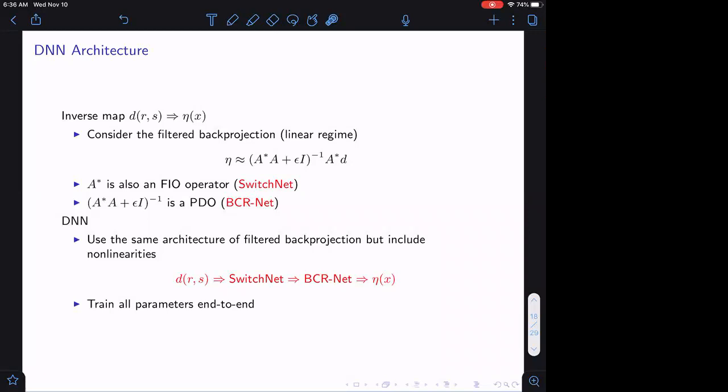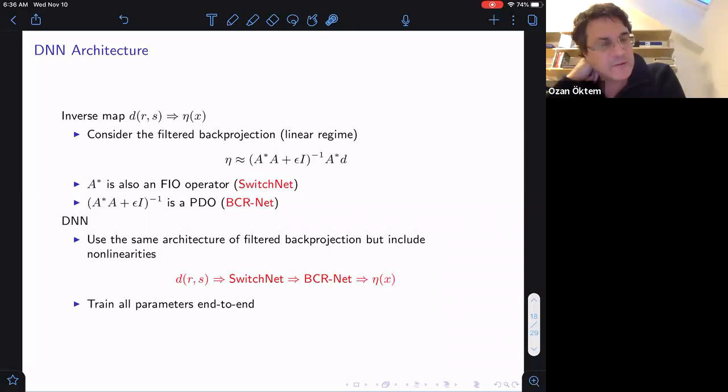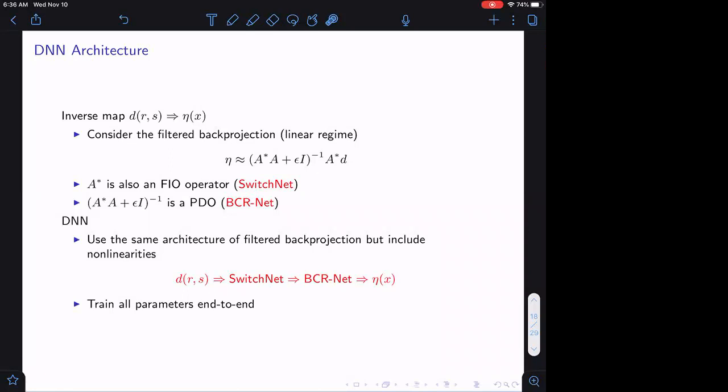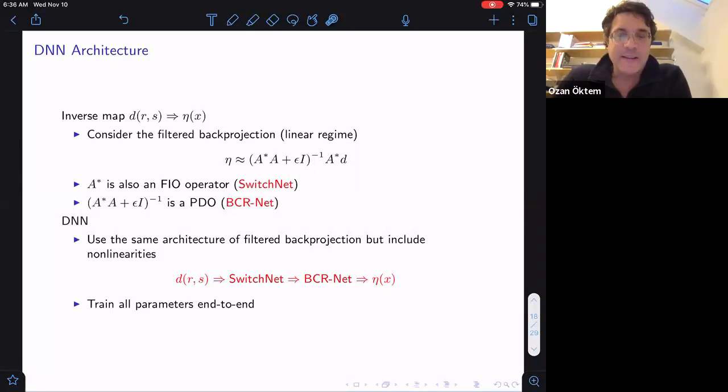No, SwitchNet itself, at this point, you can think about it like a CNN. It's an architecture, and the weights have not been decided. Exactly. So once you replace A star with a SwitchNet, it's not a Fourier integral operator anymore, right?